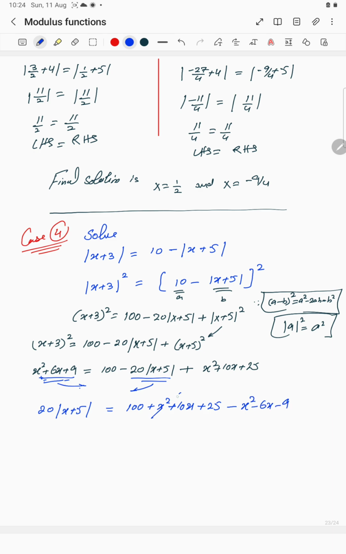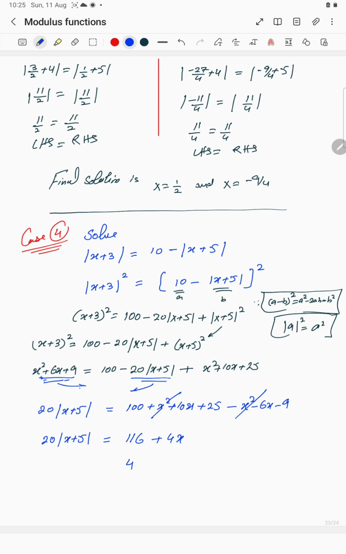You can see a few things will be cancelled and simplified. We get 20 times |x + 5| equal to 125 minus 9, which is 116, plus 4x, right? Because 10x minus 6x is 4x.